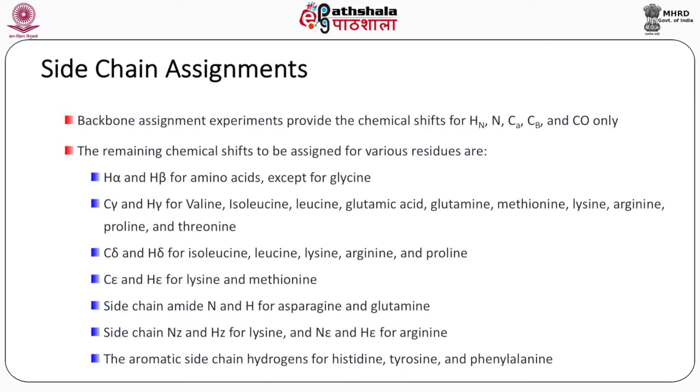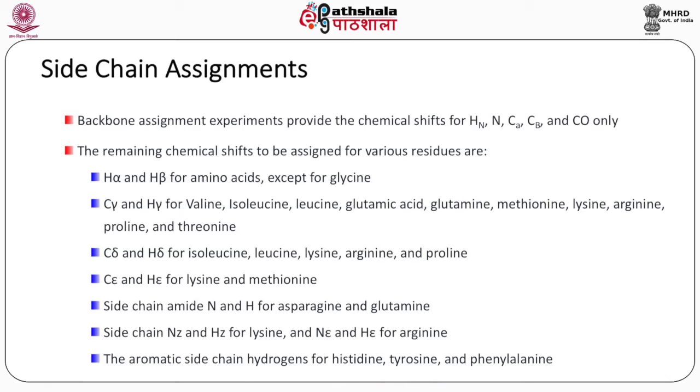The remaining chemical shifts to be assigned for various residues are H alpha and H beta for amino acids except for glycine; C gamma, H gamma for valine, isoleucine, leucine, glutamic acid, glutamine, methionine, lysine, arginine, proline and threonine; C delta and H delta for isoleucine, leucine, lysine, arginine and proline.